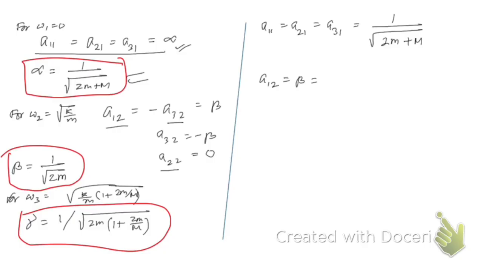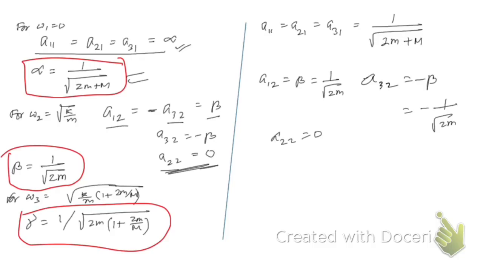So beta we have got 1 by root 2m, and a32 here, minus a32 is beta, so it's gonna be minus 1 by root 2m, right? Hope you have understood this. And a22 is 0, a22 is 0 here.